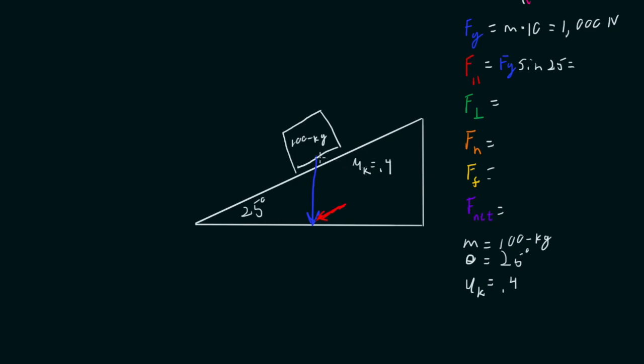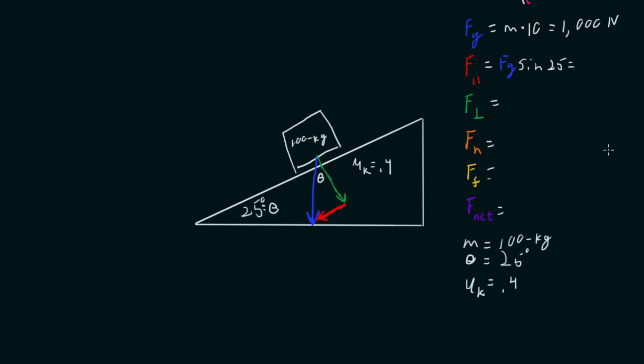My force perpendicular will be the force of gravity that is perpendicular to that plane. So this angle right here is going to be the same angle as right there. And so my parallel force is going to be the opposite side, therefore I use sine.